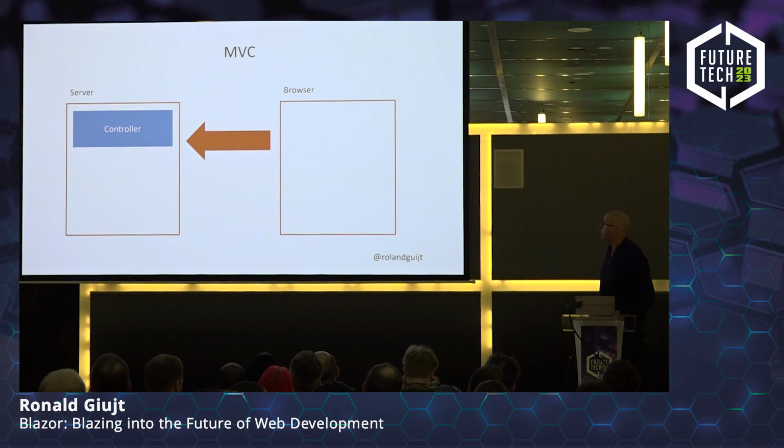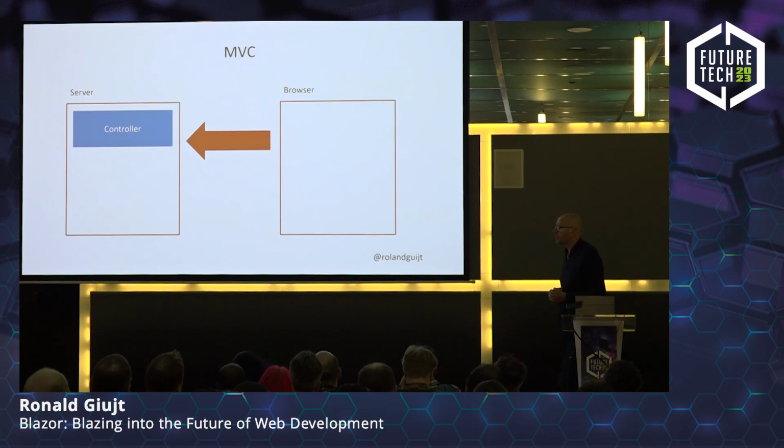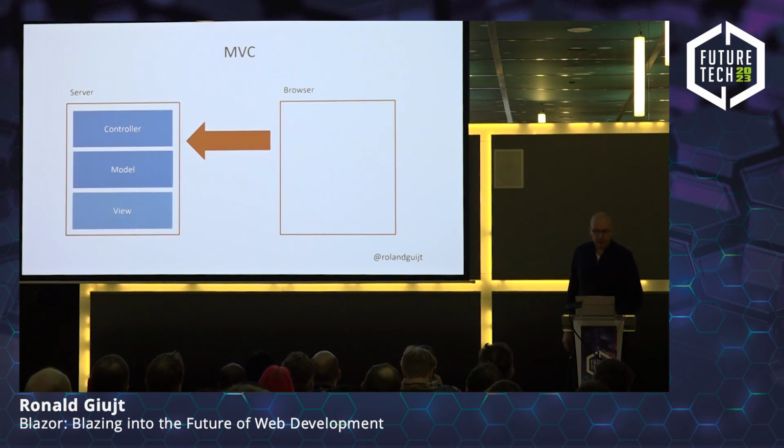We have a controller that receives the request. The job of the controller is to then gather some data from some database, for example, put it in a model, that's the M for MVC, and then use that data in a view.